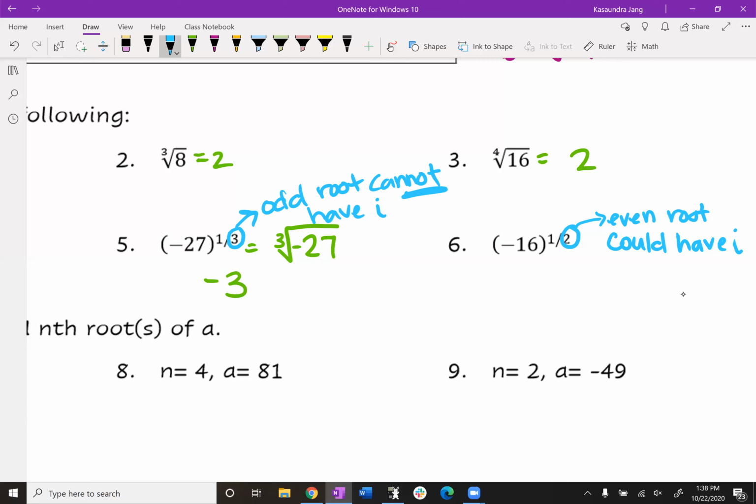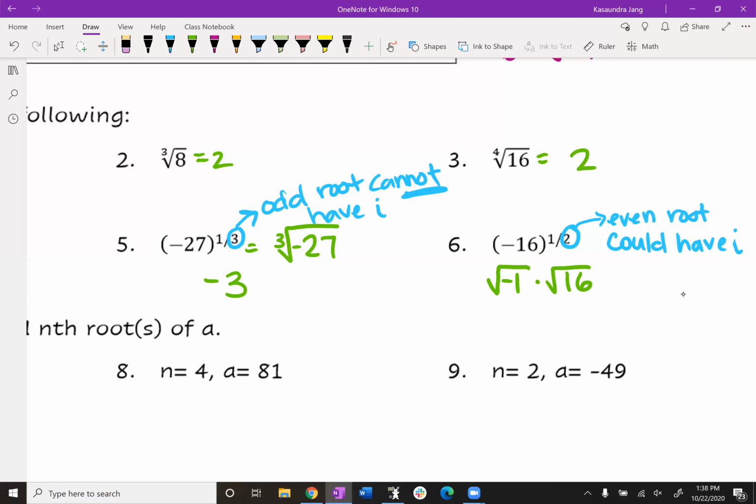All right, so that means we're looking at number 6 here now. That one is an even root. It's a square root, even number there. It will have an imaginary because it's an even root of a negative. That's the indicator right there. It's 1/2, so I'll treat it as a square root, but I'm going to treat it as the square root of -1 and the square root of a positive 16. -1 times 16 is this -16 here.